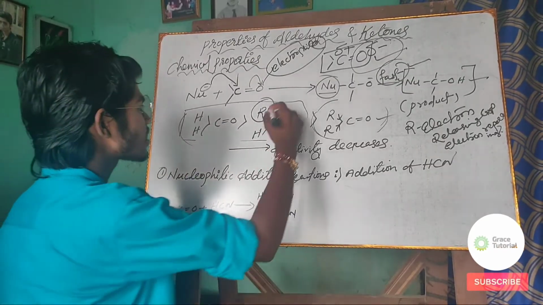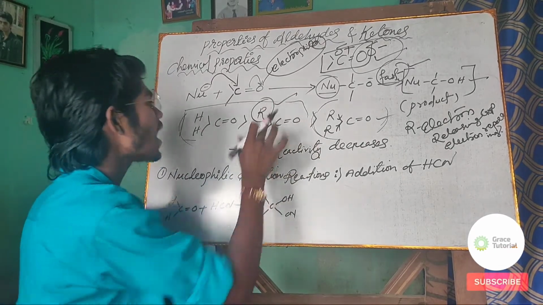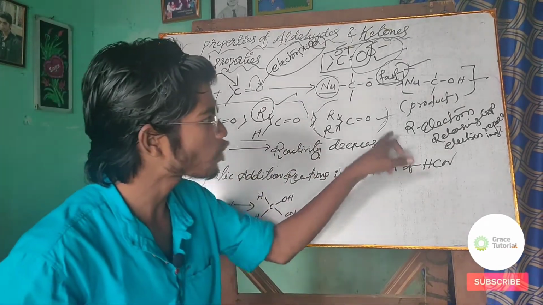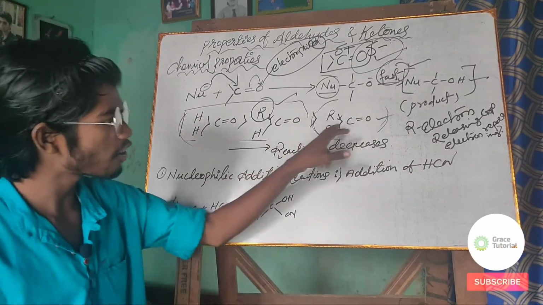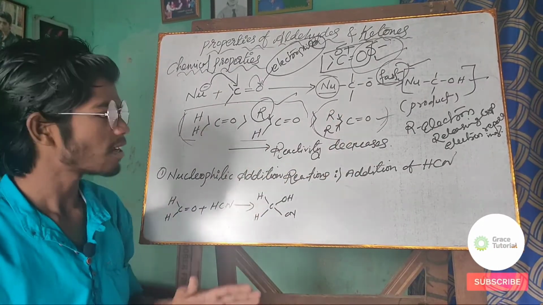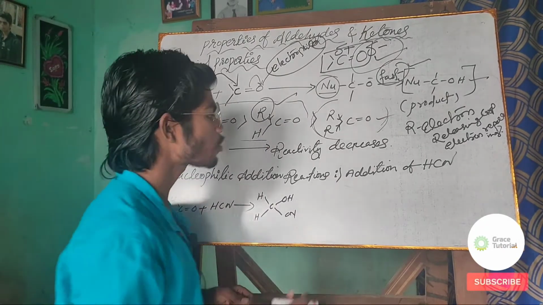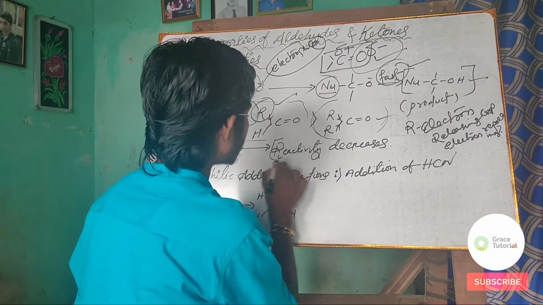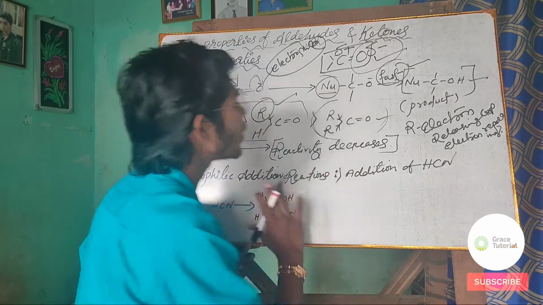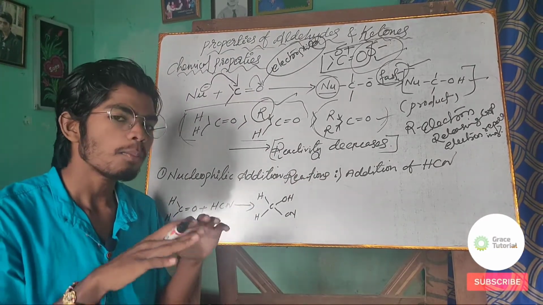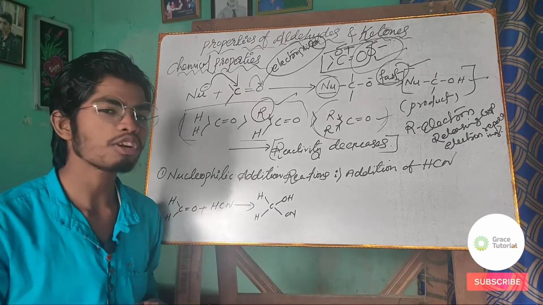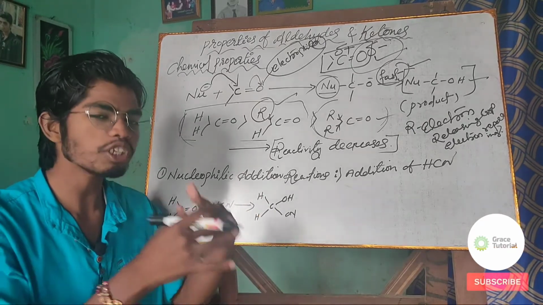Because in the case of the aldehyde, we have only one R, that is one alkyl group, an electron releasing group or electron repelling group. But in the case of the ketone, we have two alkyl groups. As a result, due to the plus I effect, the reactivity decreases as the alkyl group increases. So aldehydes and ketones are both carbonyl compounds, both are organic compounds, but which one is more reactive?